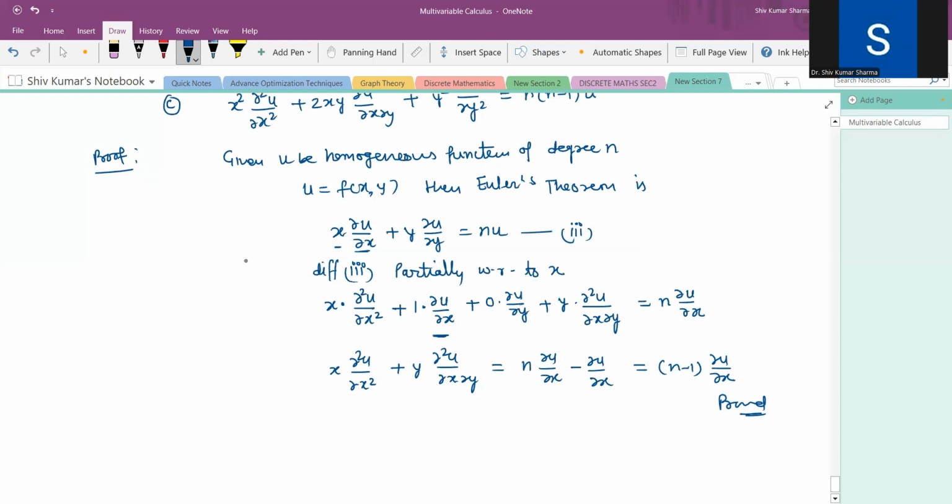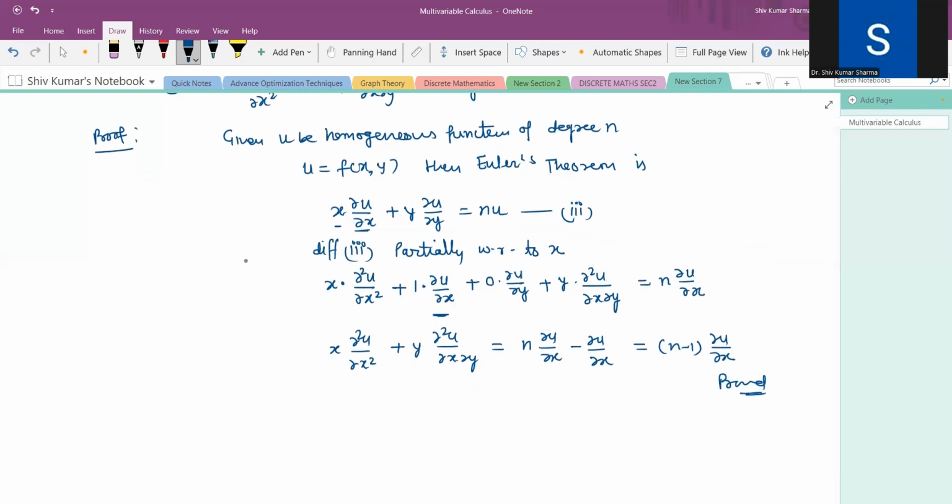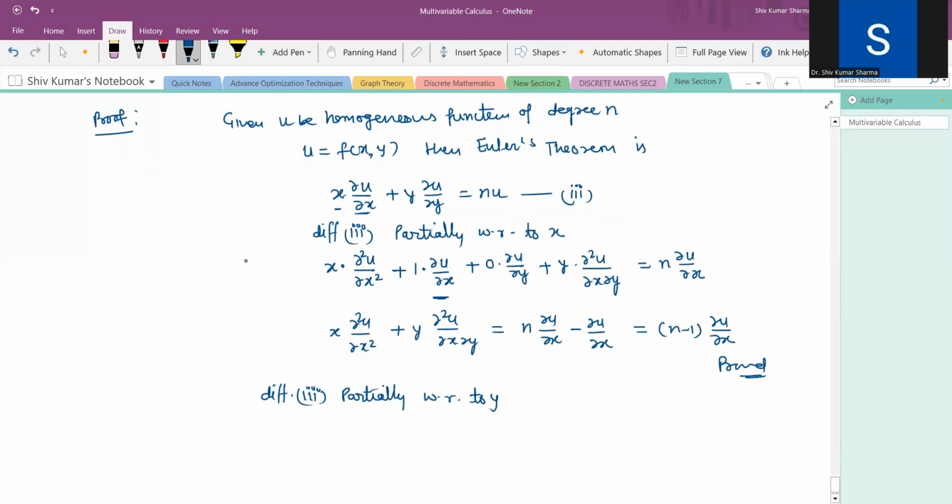Now move to the second corollary. For the second corollary, we differentiate equation third partially with respect to y. When we do partial differentiation with respect to y, x we treat as a constant.